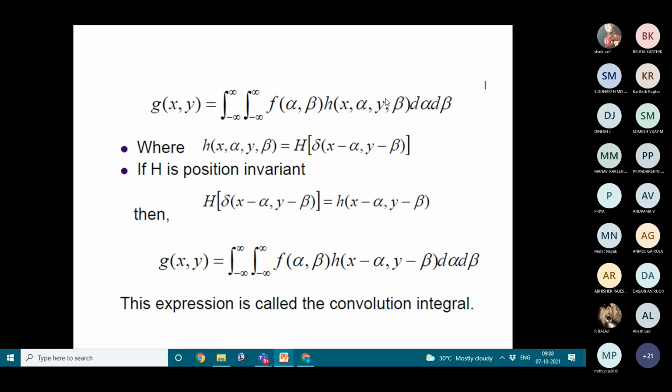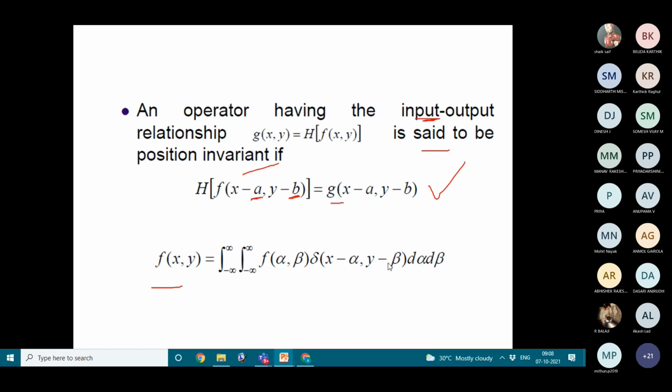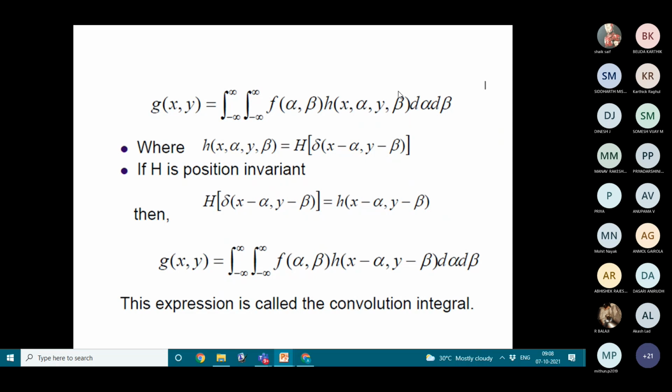Here h is nothing but capital H of δ(x − α, y − β), which we are considering as small h(x, α, y, β).